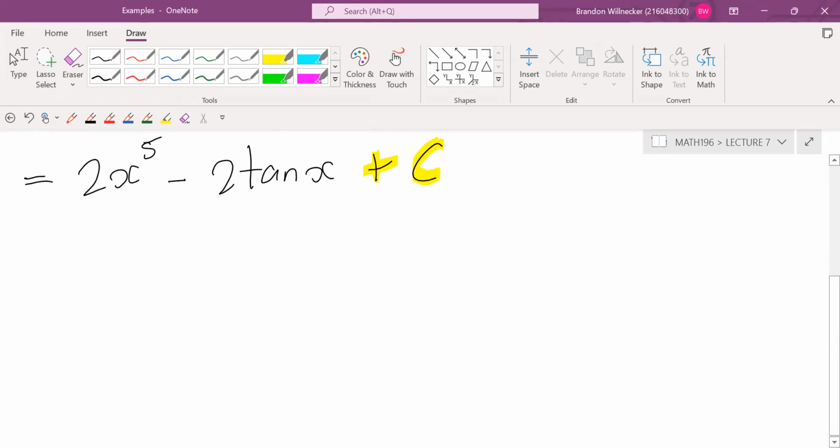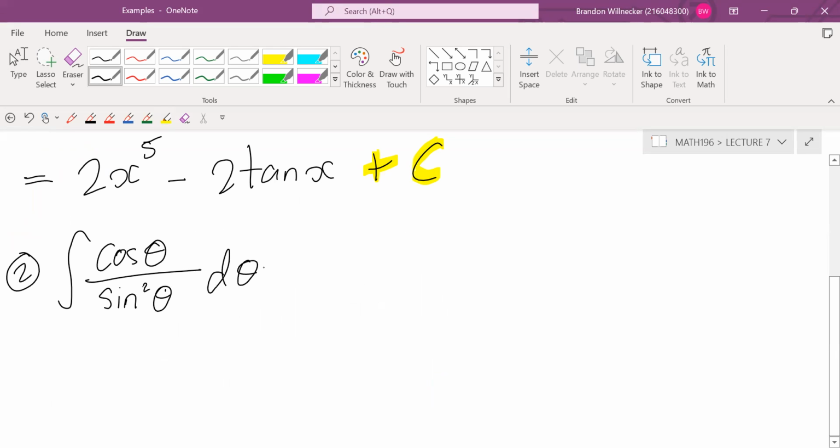Let's take a look at example 2. We want to find the integral of cos theta over sine squared theta d theta. I've just done a little change of variables. Instead of writing the function in terms of x and then having dx, now the function is in terms of theta and we have d theta.